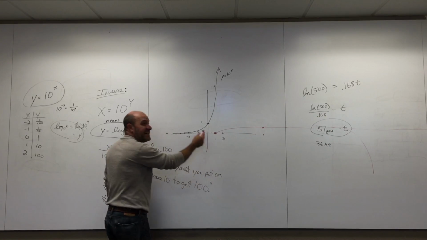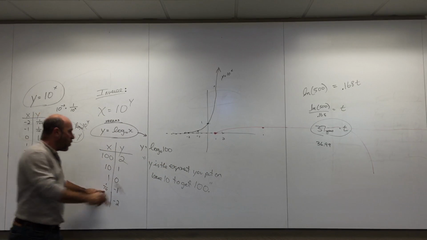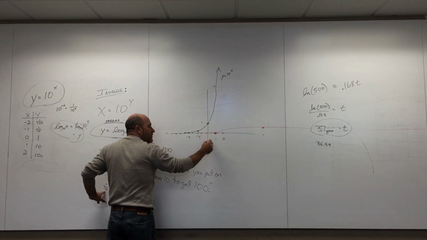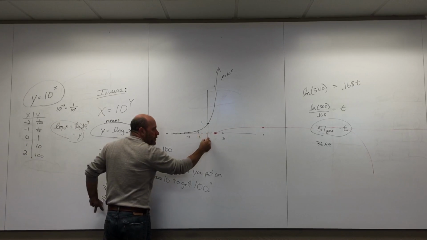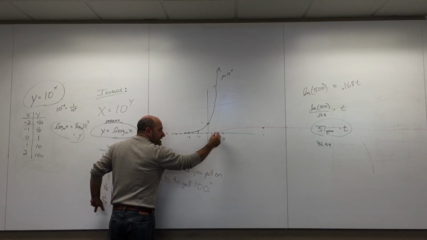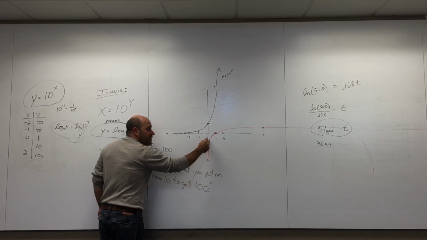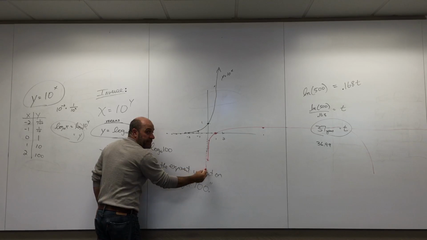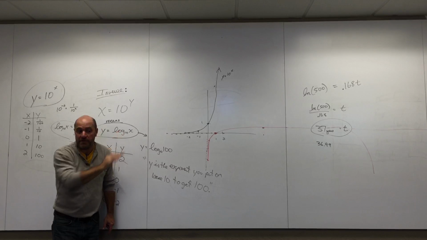Right here, though, it takes a huge dive. When x is 1/10, it's -1. When x is 1/100th, it's -2. It takes a dive right here toward -infinity, and there's a vertical asymptote right here. By the way, it's that mirror image concept.